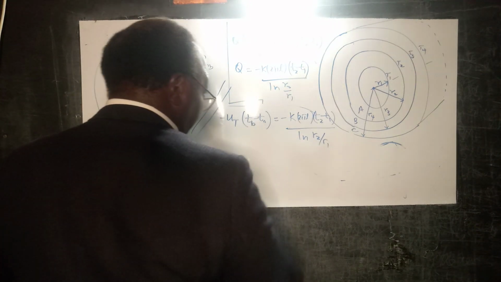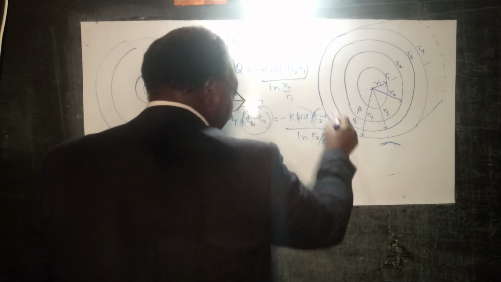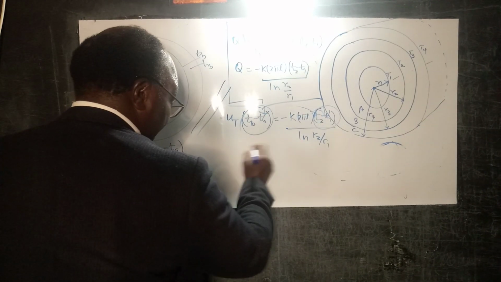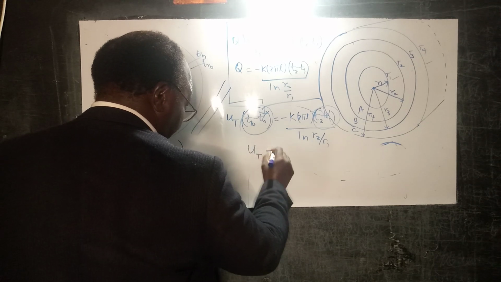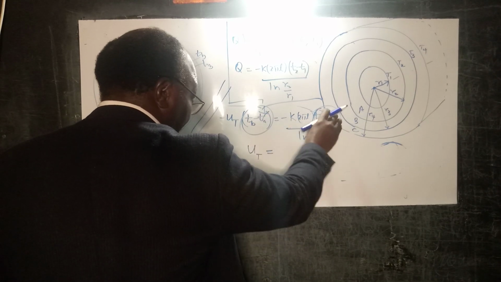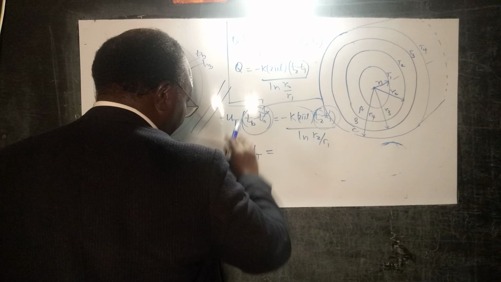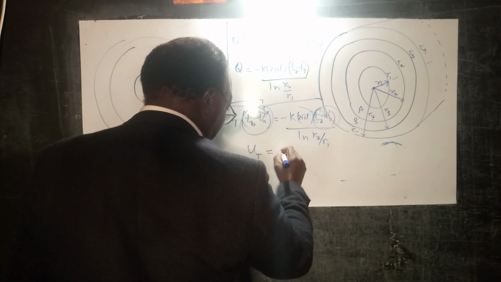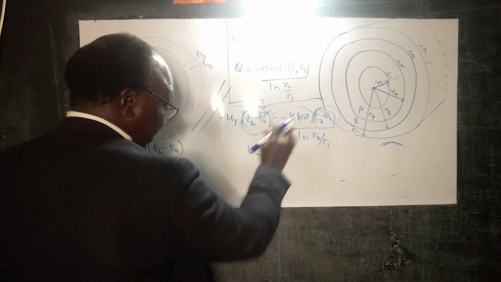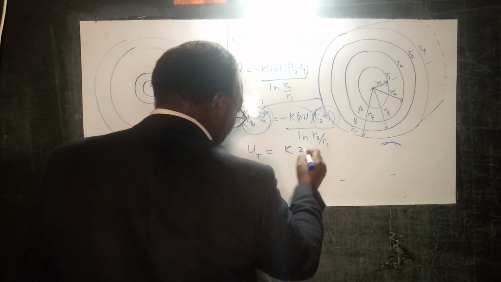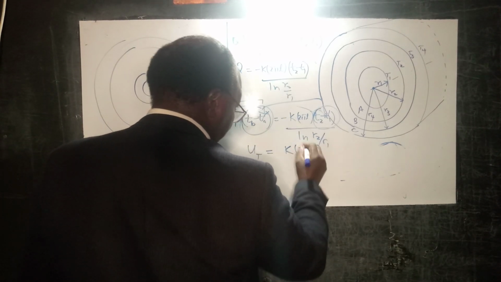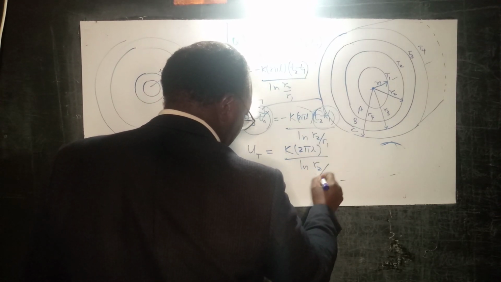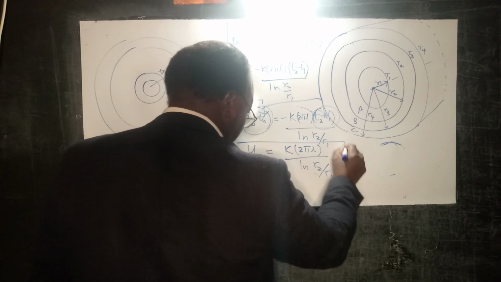So ignoring the temperature changes, they cancel out. The only thing we're interested in here, the overall heat transfer coefficient in this particular system, will be equal to K. The negative signs will go, so it will be K 2 pi L over natural log of R2 over R1.